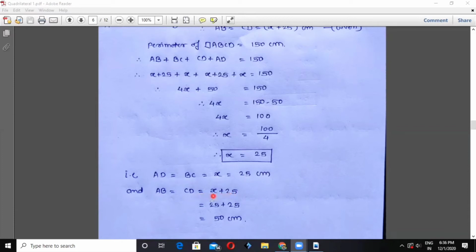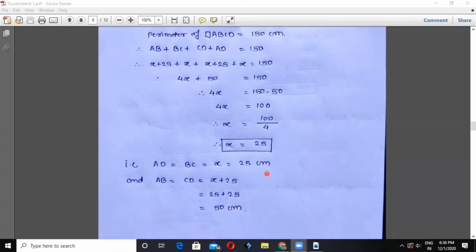Now we replace x by 25 to get 25 plus 25, that's 50 centimeter. So in this case, for quadrilateral ABCD, which is a parallelogram, the length of AD and BC is 25 centimeter and length of AB and CD is 50 centimeters.